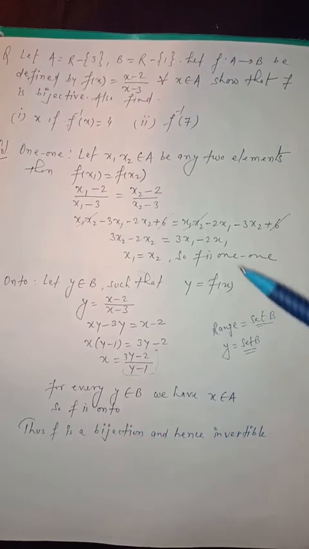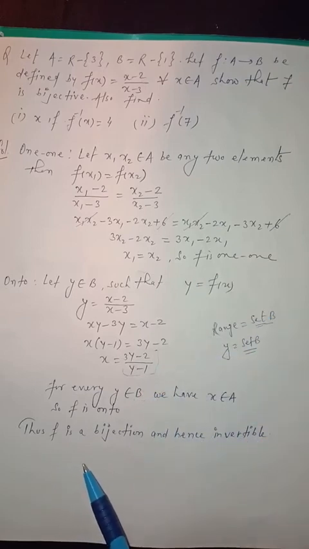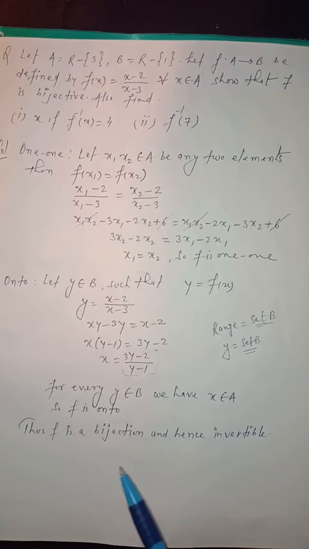Here this function is 1-1 as well as onto, so we say that this is a bijection and hence invertible.